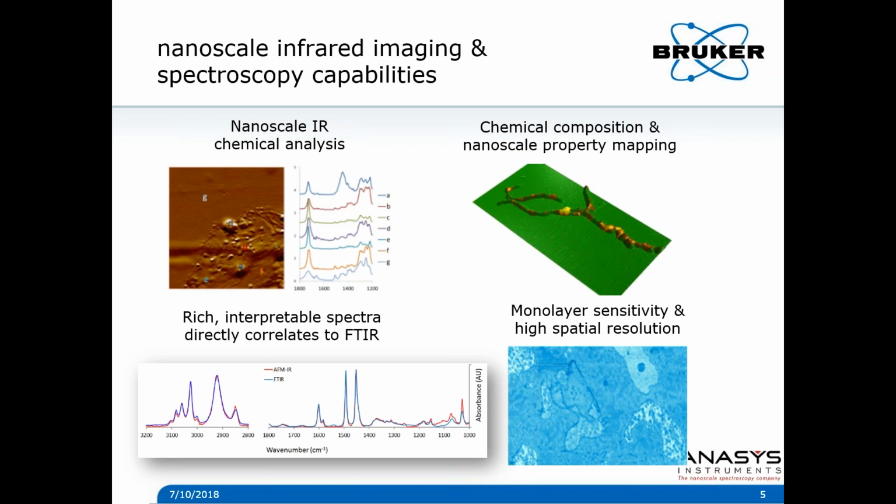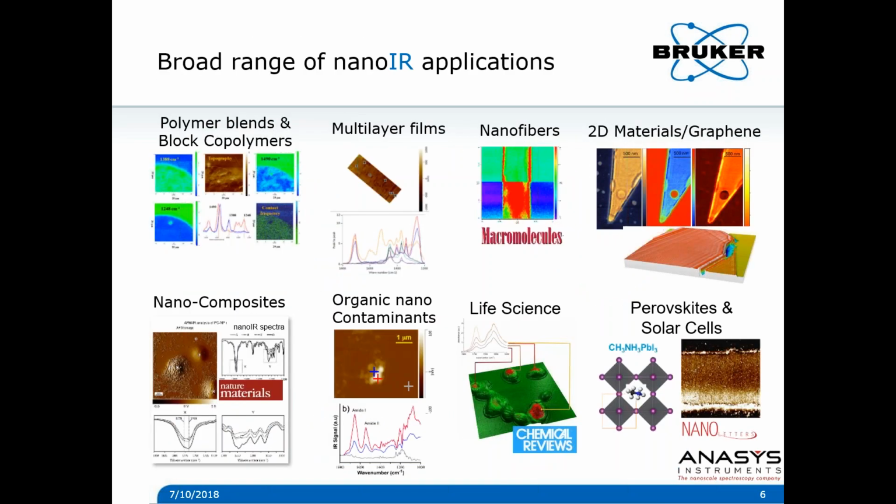Nano IR has been shown to directly correlate to transmission FTIR industry databases, due to its rich, interpretable spectra. Not only does it have high resolution, but it also has very high monolayer sensitivity. So that is a brief overview of its capabilities.